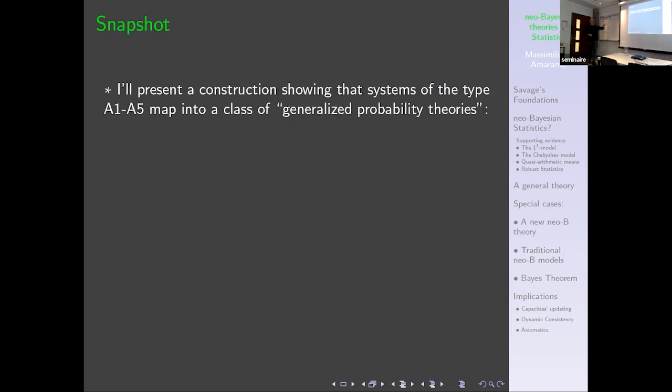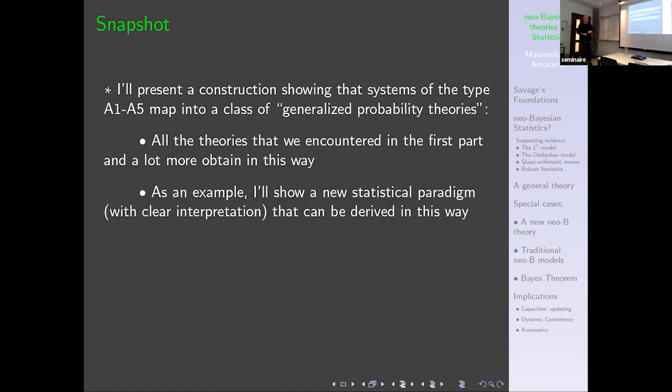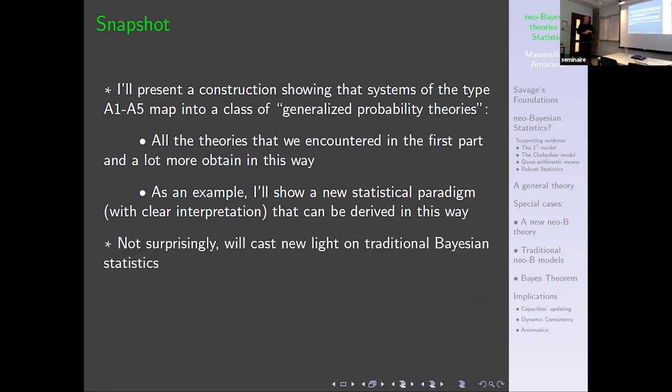Okay, after the evidence, as I said, I'll construct a general framework, essentially identifying a class of generalized probability theories and the statistics that stem from this. I will show you, hopefully I'll have time, how you can build mechanically in this framework new theories of probabilities and associated statistics.